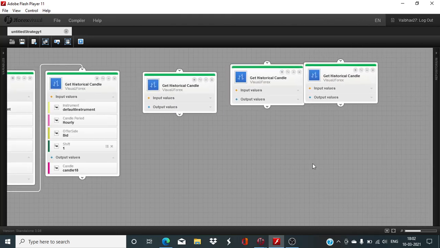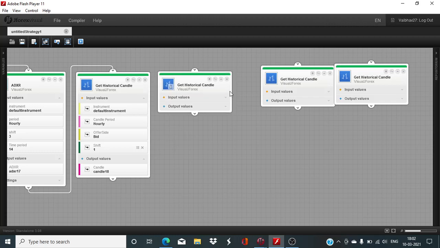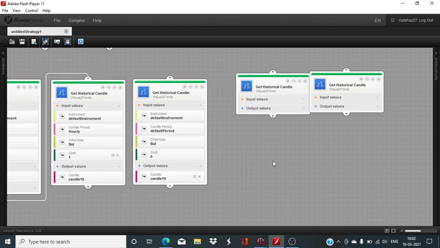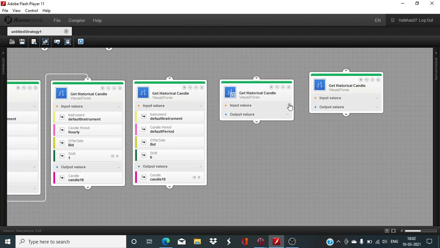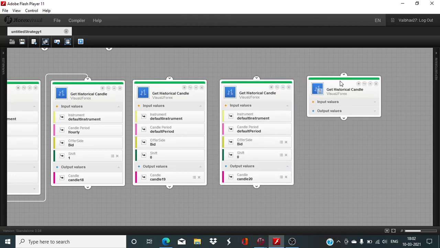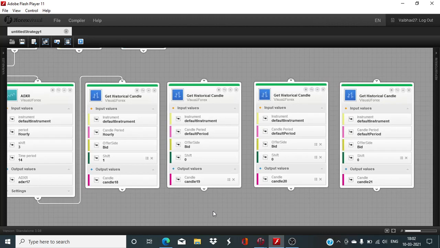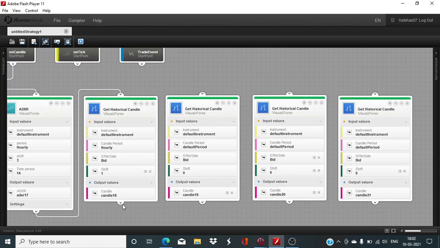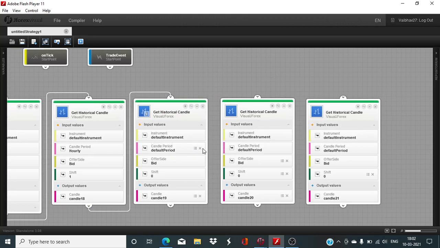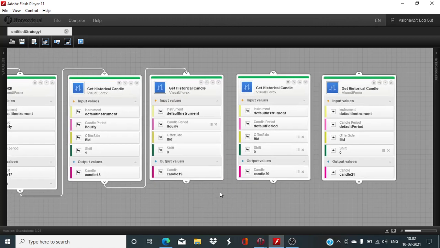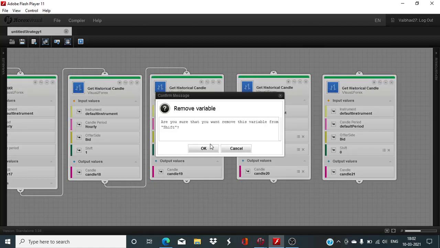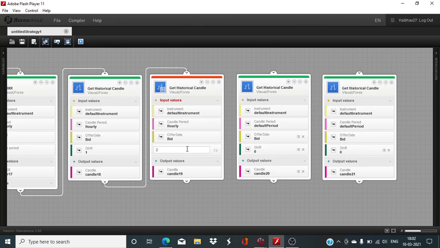We also have to define 10-second candles for the execution, pinpointing where the order should be placed. For that, 10-second candles will come handy. Now, the time frame here, candle period needs to be changed to hourly, and this shift value will be 2.